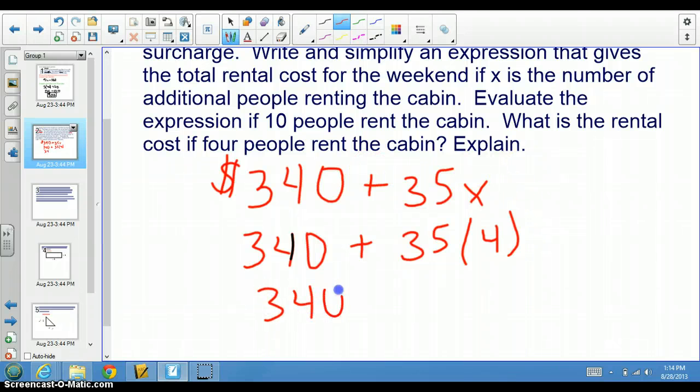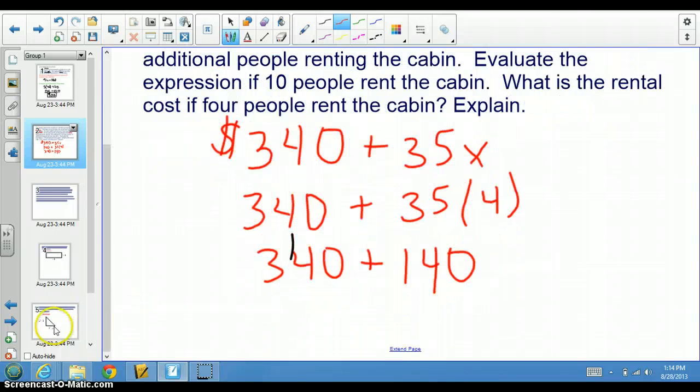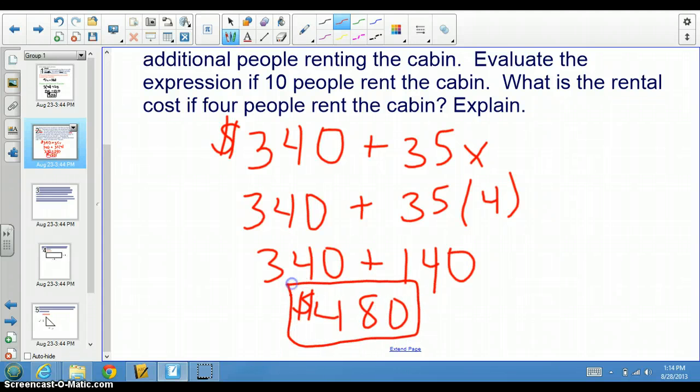So 340 plus 35 times 4 is 140, and that equals $480.